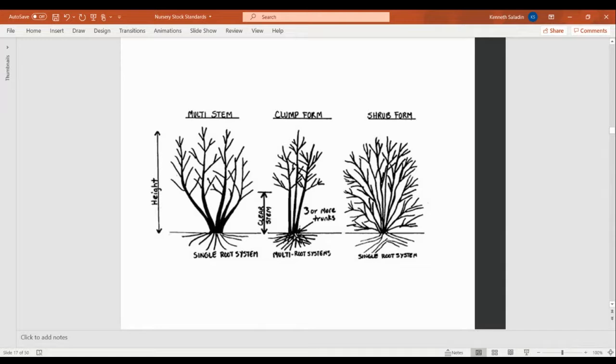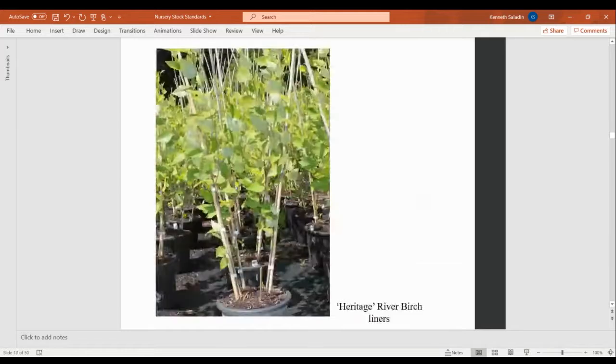But like I just said, a lot of nurseries use these 3 terms interchangeably. Here's a picture of Heritage river birch. Heritage is a cultivar of river birch. And you can see in the picture that it looks like there are four seedlings of Heritage planted into each of these pots.